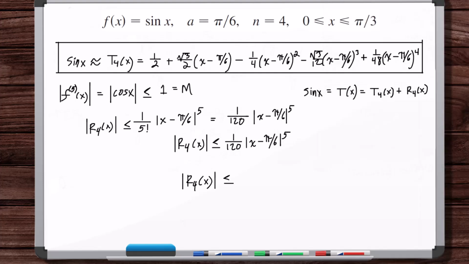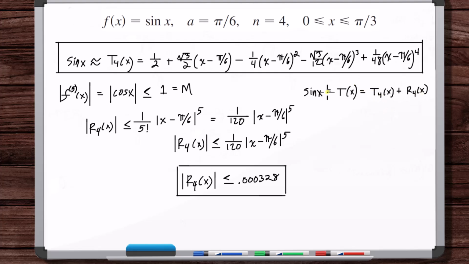0.000328. And there we go. There it is. It's this r sub 4 of x. You can pick any x value you want within the interval and plug it in. And what are you going to get?